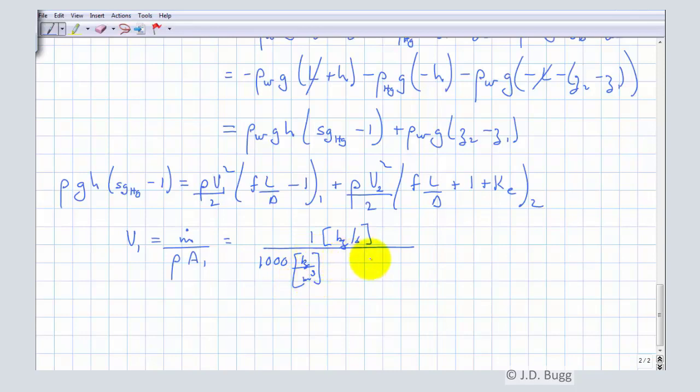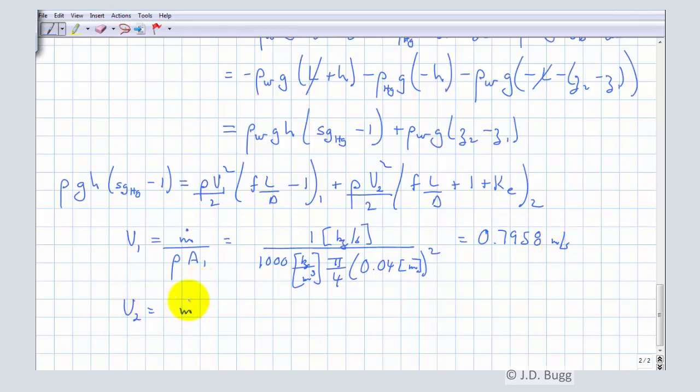And the area is going to be pi by 4 times the diameter squared, and the diameter is 0.04 meters, squared. And we calculate this out, and it comes out to 0.7958 meters per second.